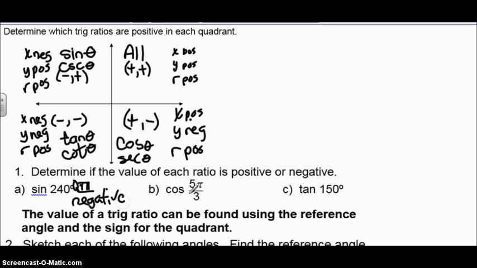Okay, 5 pi over 3. Remember, that's pi over 3, 2 pi over 3, 3 pi over 3, 4 pi over 3, 5 pi over 3 ends up in the fourth quadrant. So that's going to put cosine as positive.